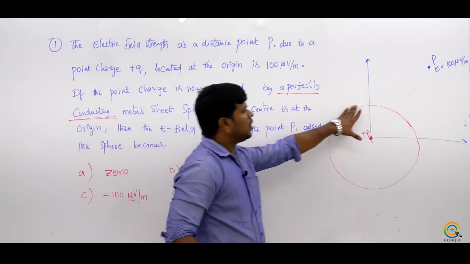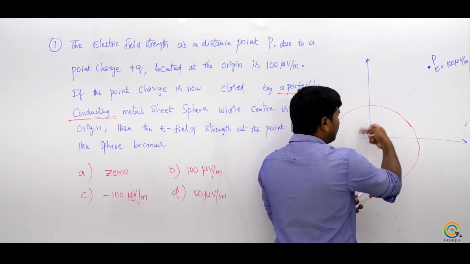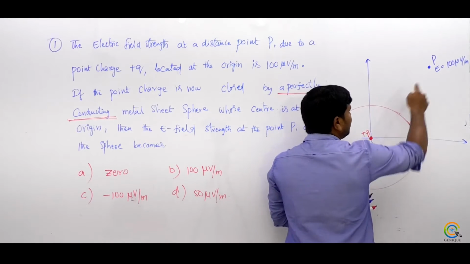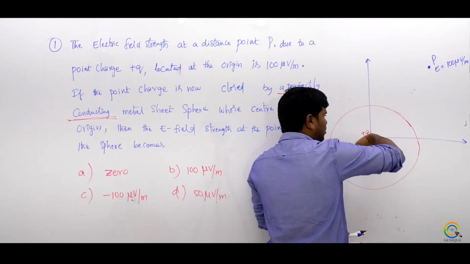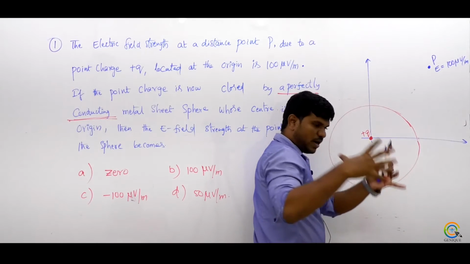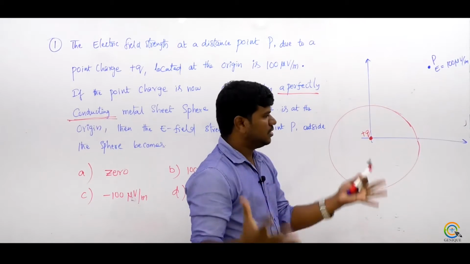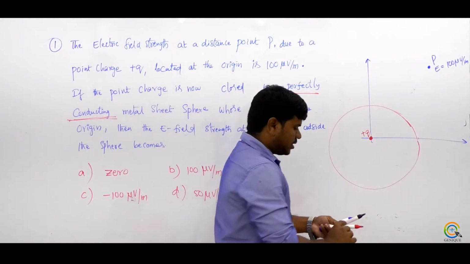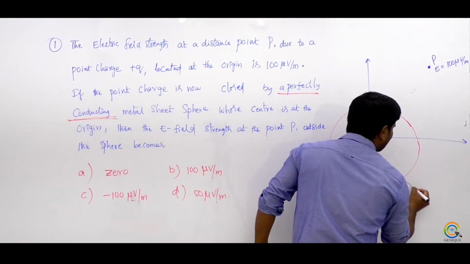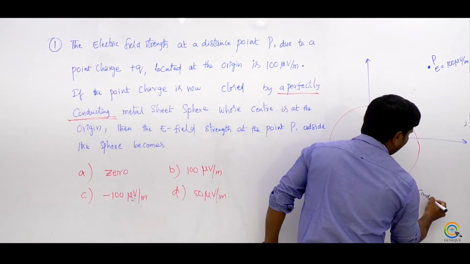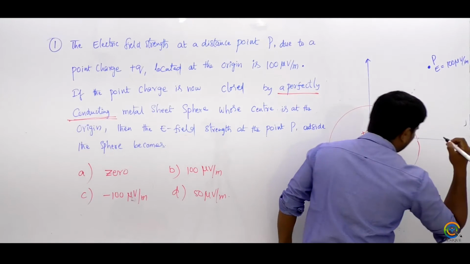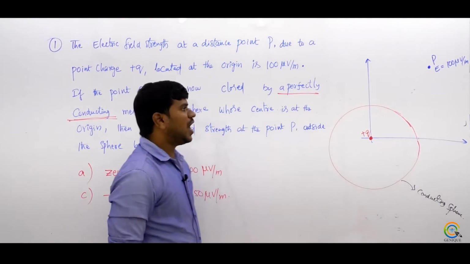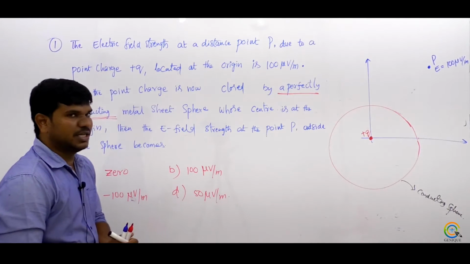Now before this, without the sphere, the point charge was producing this electric field. Now the charge is enclosed by the conducting sphere. You should know one thing, we have already seen this kind of problem.